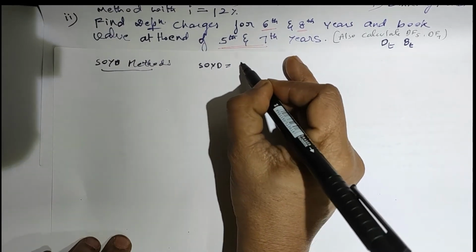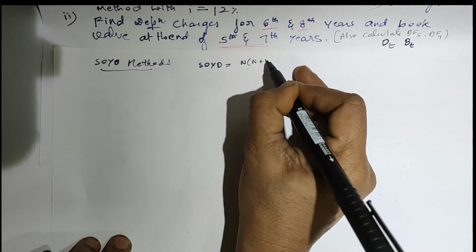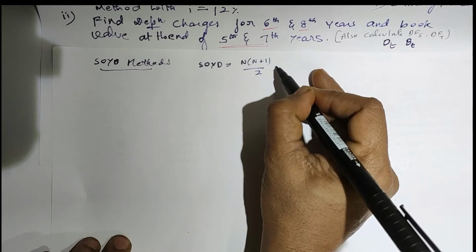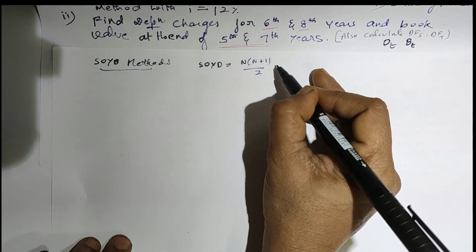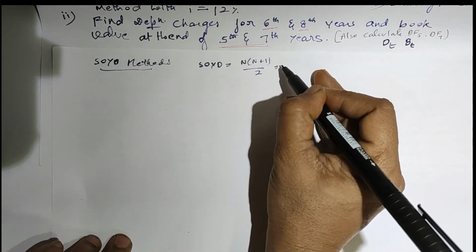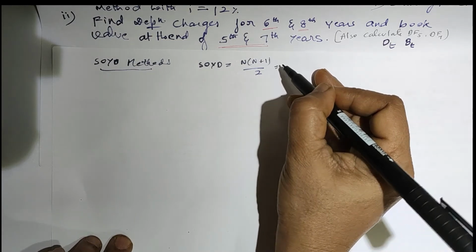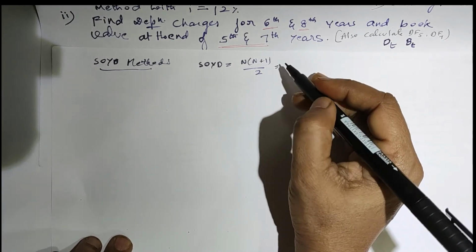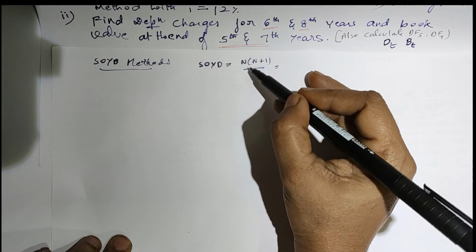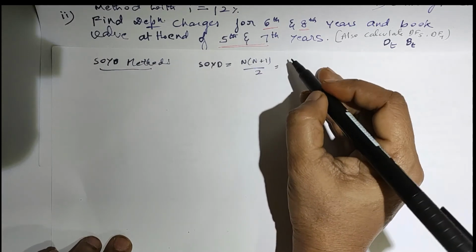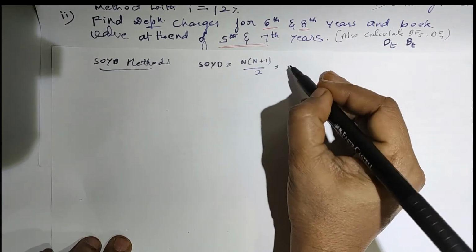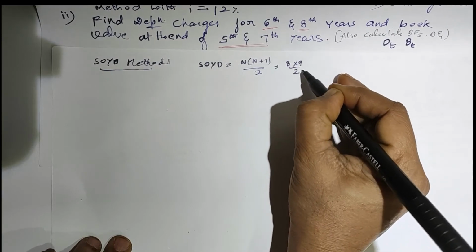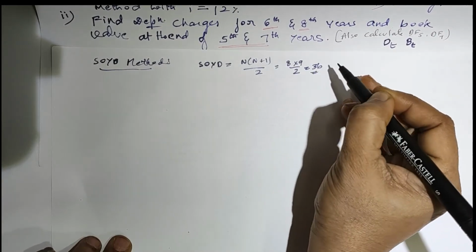The formula is n into n plus 1 divided by 2. It is nothing but the sum of all the digits. Suppose n is equal to 8, it is 1 plus 2 plus 3 plus 4 like that till 8, and the value can also be obtained by the direct formula n into n plus 1 divided by 2. N is 8, 8 into 9 divided by 2, it is 36.